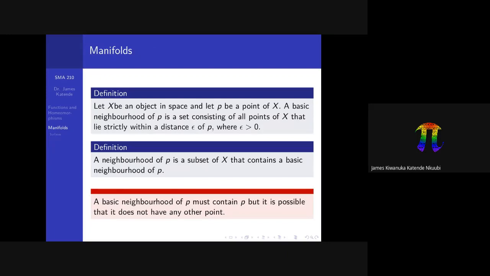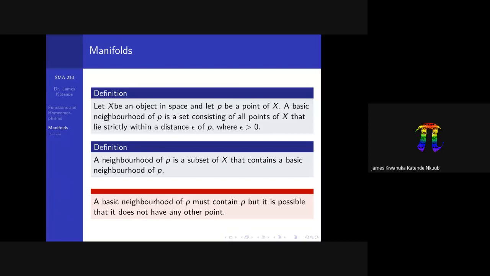So we'll move to the next topic. We'll talk about manifolds. Remember, most of our objects are just going to be points in space. So the first definition will be for a basic neighborhood. This will eventually lead us to a definition of a manifold.